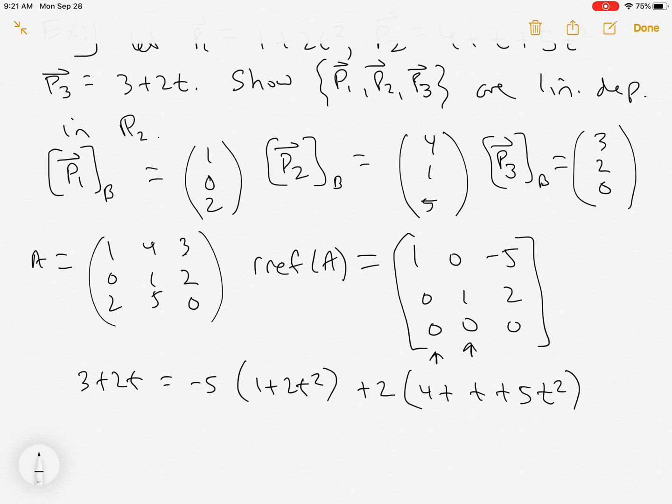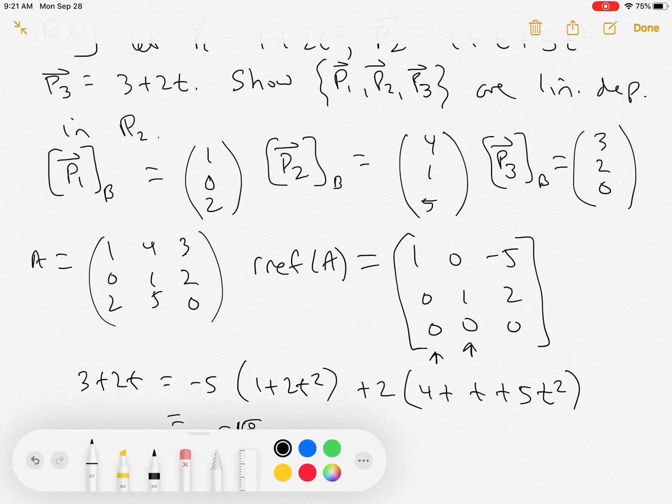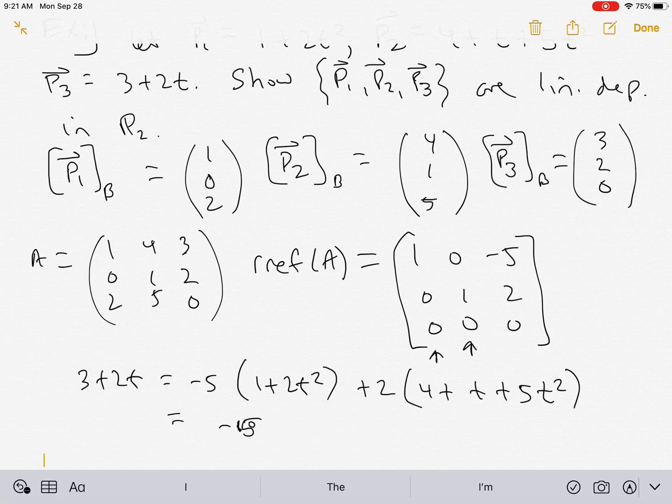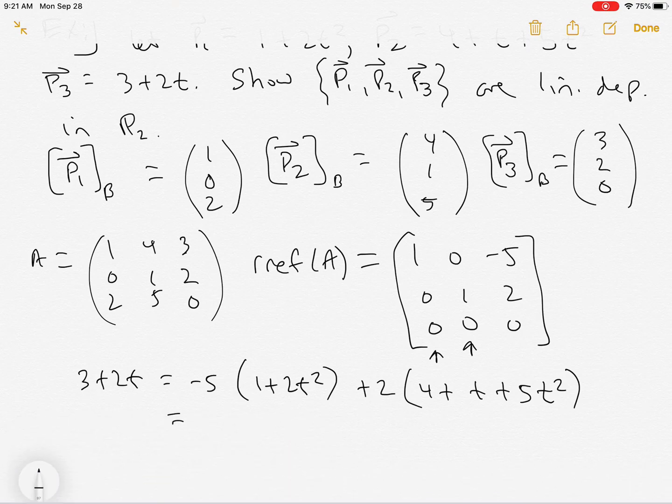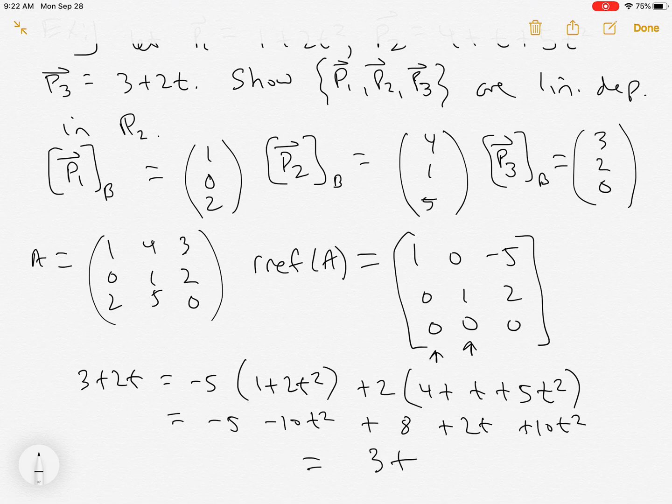I always write this down and check it. So this is minus 5 minus 10t squared plus 8 plus 2t plus 10t squared, and sure enough, that's 3 plus 2t. So there you go.